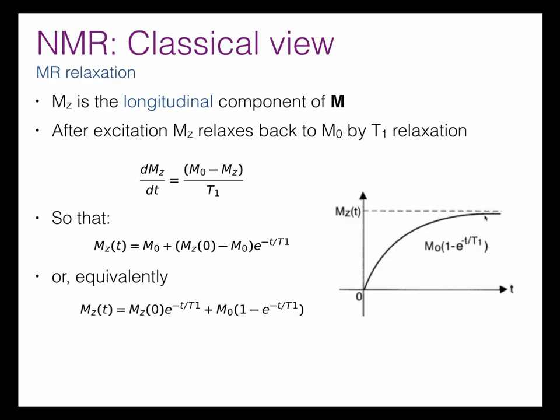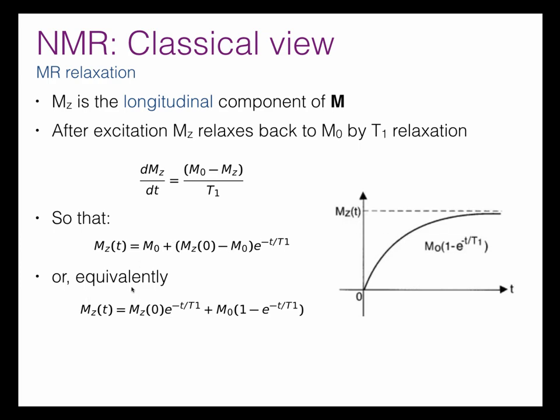As we get closer and closer to the equilibrium value M0, the rate of change becomes slower. If you solve this equation, it's very simple. You end up with this equation, which says that the magnetization Z at time t is equal to M0 plus how far away you are from M0, and that distance is decaying like an exponential.